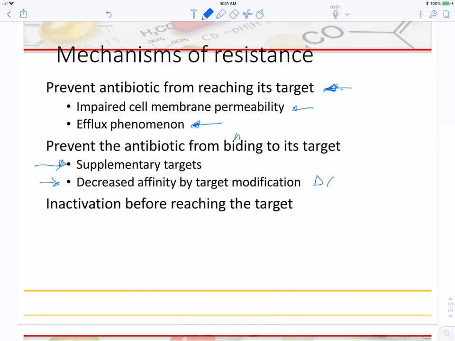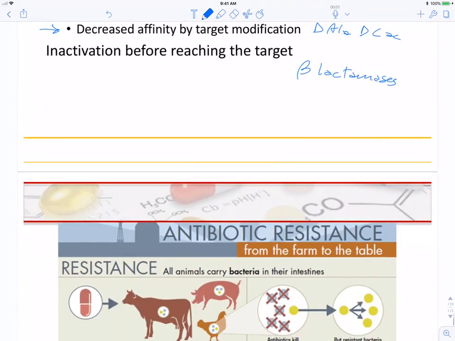And this is an example with the D-Ala-D-Lac that we've seen for vancomycin. Another example that we've seen is the inactivation before reaching the target, for example, what beta-lactamases do to beta-lactam antibiotics.